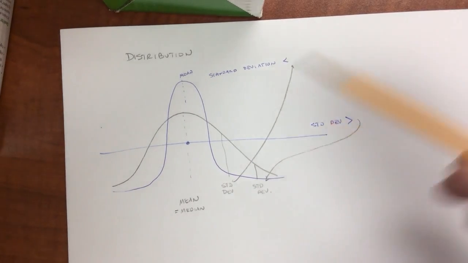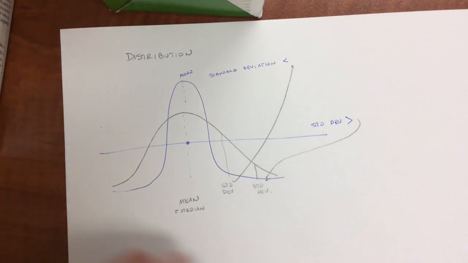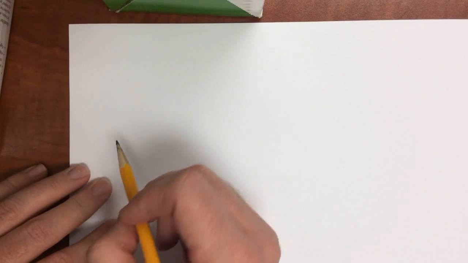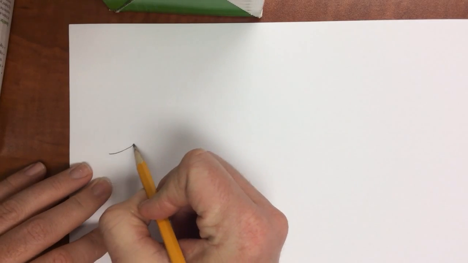So the mean and standard deviation tell us a lot about the distribution. Now, there's other things that you want to think about as well about the distribution. And what the mean and median can tell us is what the distribution looks like.